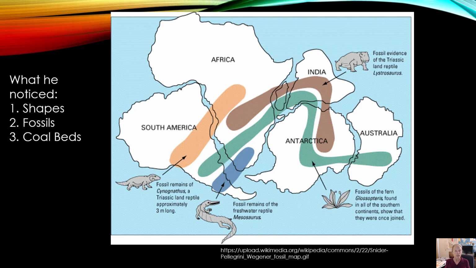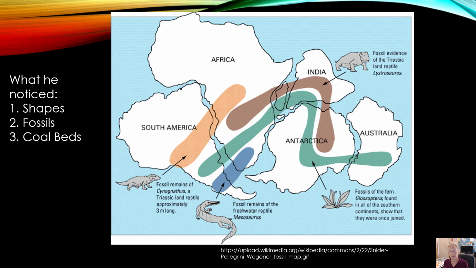Any school child who's looked at a globe can tell you that it looks like you could push South America across the ocean and it would fit under Africa pretty nicely. India, Australia, and Antarctica kind of work the same way. They could all be pushed together. And they were at one time pushed together, although he was the first person to come up with this idea.